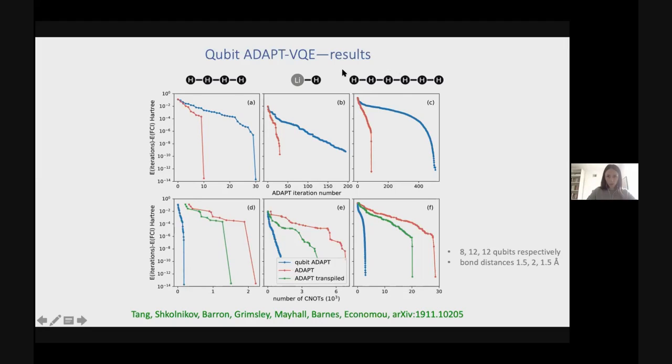So the number of orbitals we keep are 8, 12, and 12. But it's just a large system that we could do classically. That's why we chose that. Probably if you use something more sophisticated, you could go higher and do a classical simulation of more. But qualitatively, we don't expect these results to really change. I was thinking maybe only 6, but actually you have 12 qubits for the last panel.